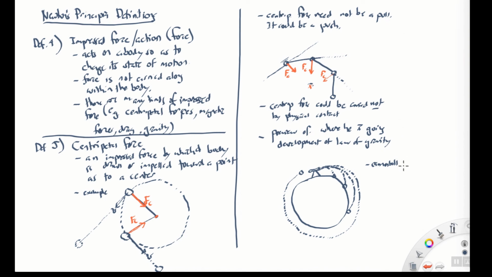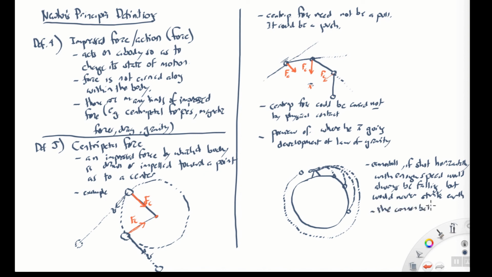The cannonball, if shot horizontally with enough speed, would always be falling, but would never strike the Earth. It would be in orbit, so the cannonball would orbit the Earth.